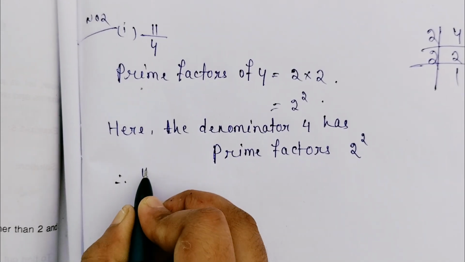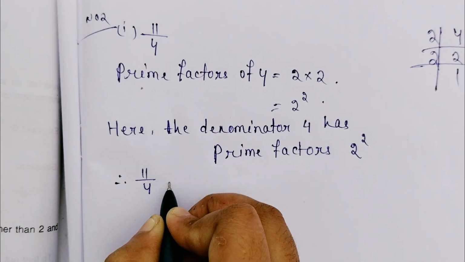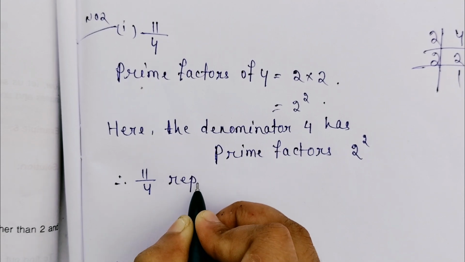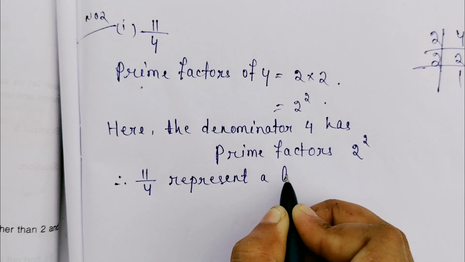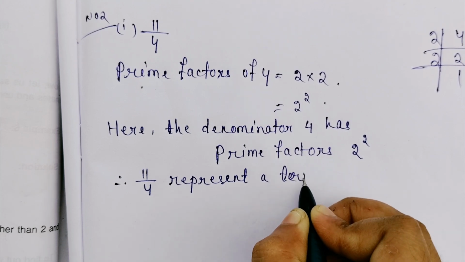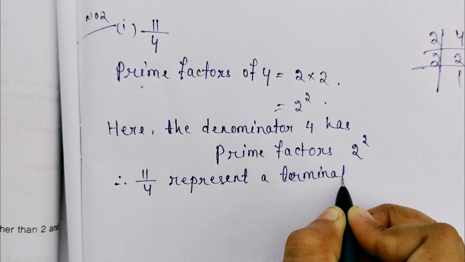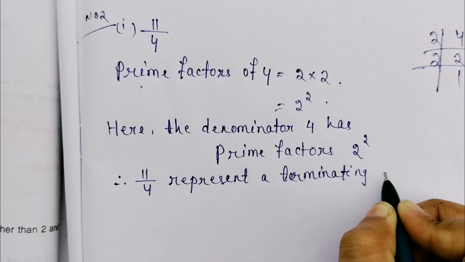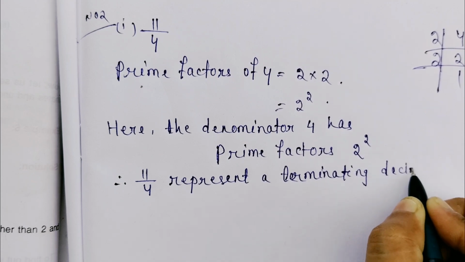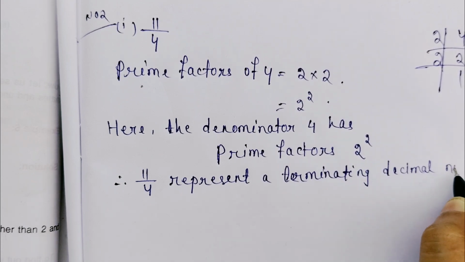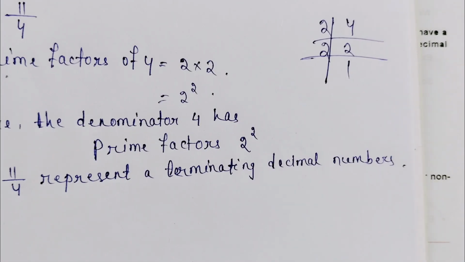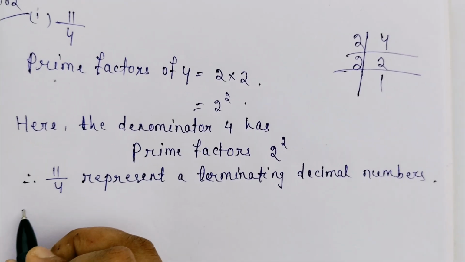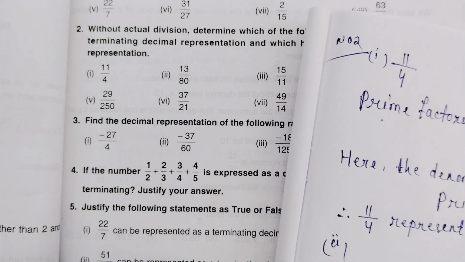So 11 by 4 represents a terminating decimal number. Terminating decimal number. Now we solve another point 2.